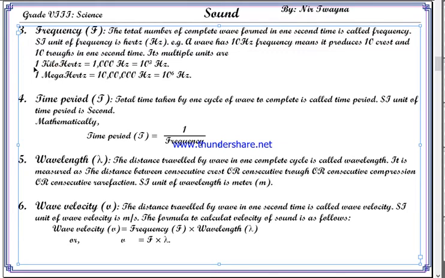So 1 kilohertz means 1000 hertz. And a larger unit than kilo is mega. Mega means million. So 1 megahertz means 1 million hertz. Understood? This is 1000 times of 1000. Mega means 1000 times of 1000.